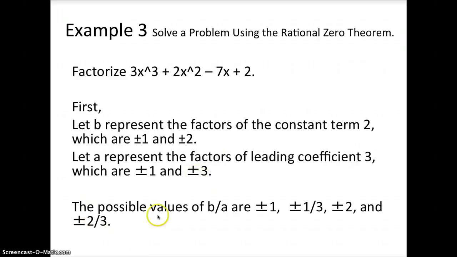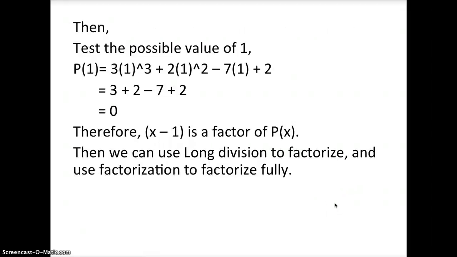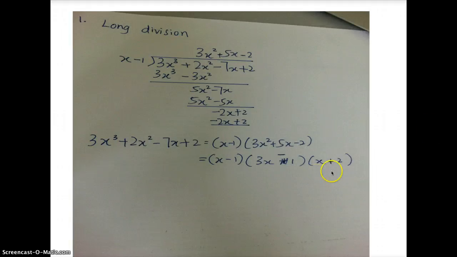The possible values of b over a are positive and negative 1, positive and negative 1 over 3, positive and negative 2, and positive and negative 2 over 3. Then test the possible value of 1 and we get 0. Therefore x minus 1 is a factor of the polynomial. Then we can use long division to factorize and use factorization to factorize fully. So these are the examples. Take a look.